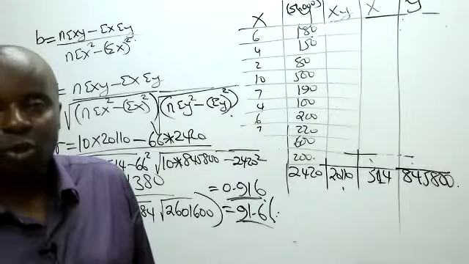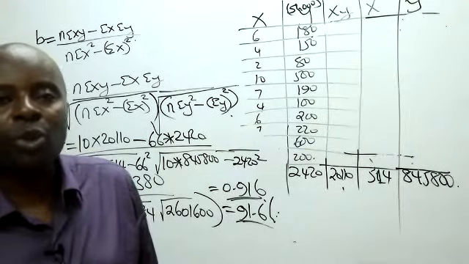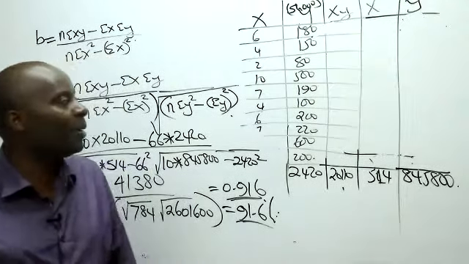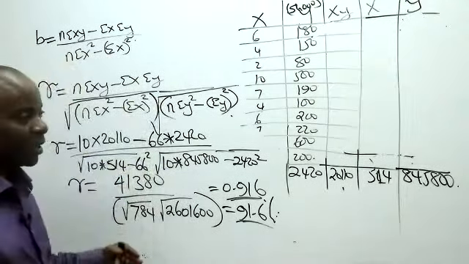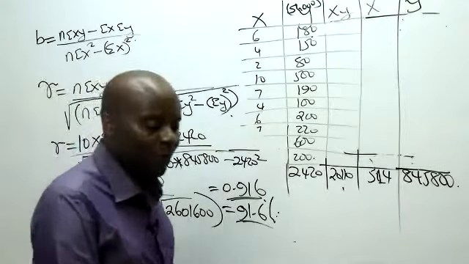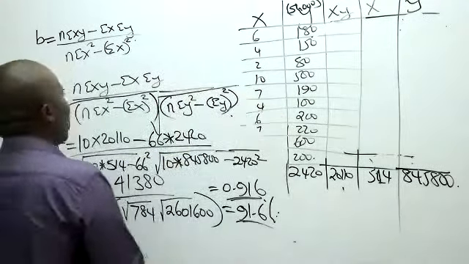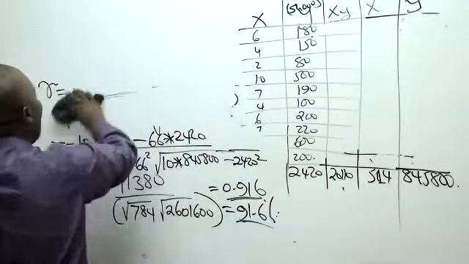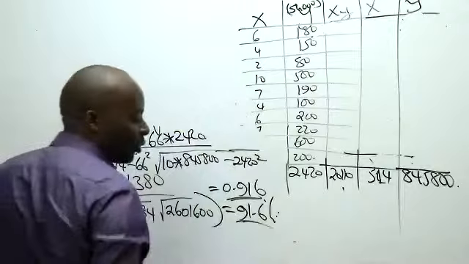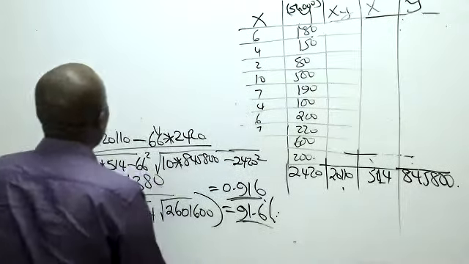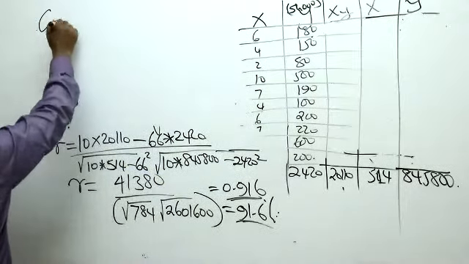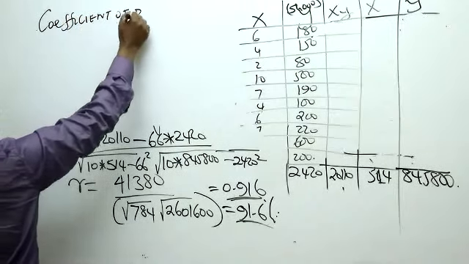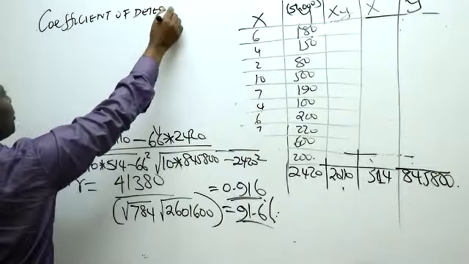And of course, out of these, I should show you how to calculate what we call the coefficient of determination, the last one under this. How do we get the coefficient of determination out of this R you have computed?